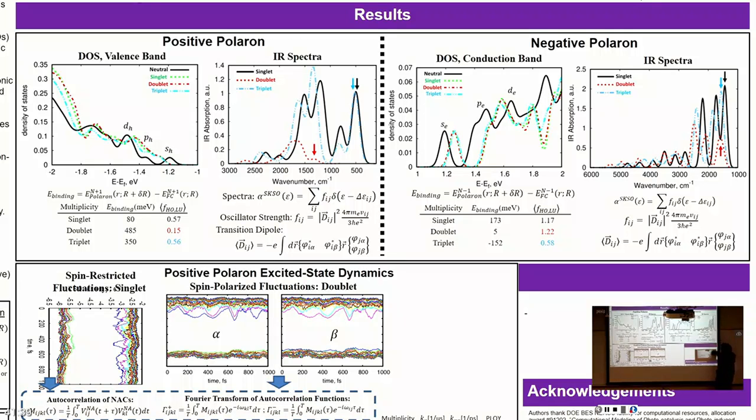And I guess they all have higher oscillator strengths than the positive polaron models for the lowest energy transition. So that would kind of indicate that if there was polaron emission or absorption, the negative polaron would possibly be a more likely candidate than the positive polaron.